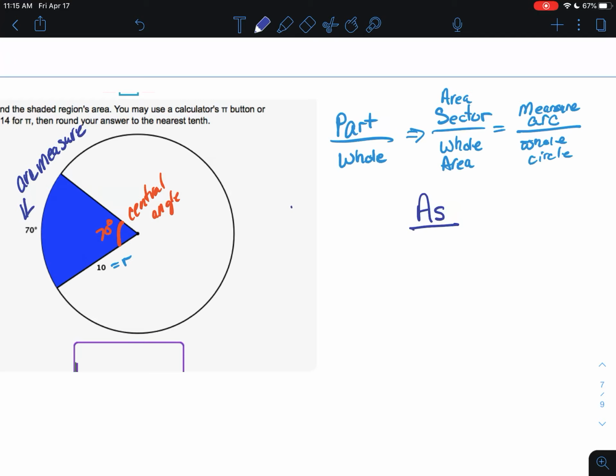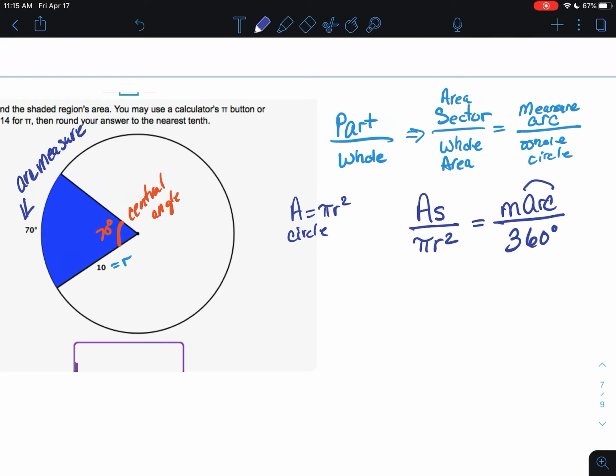And if you'll recall, the area of a whole circle is pi r squared. So that would be pi r squared at the bottom, equal to the measure of the arc. We'll talk more about arcs next week, but it fell into the section of circles with composites. And the whole circle is 360 degrees.